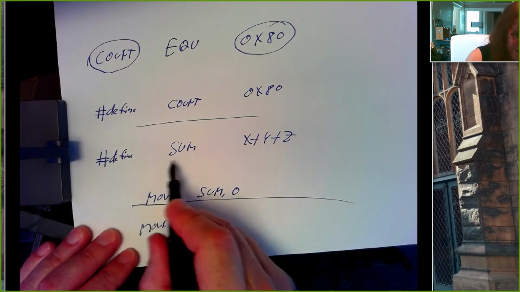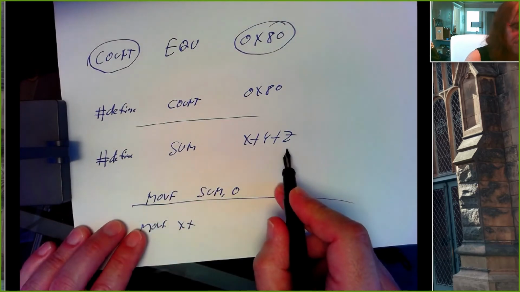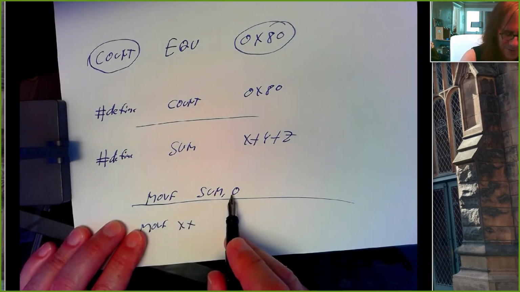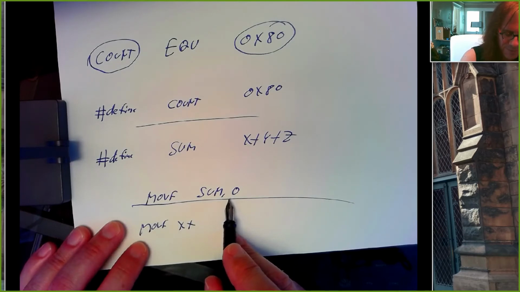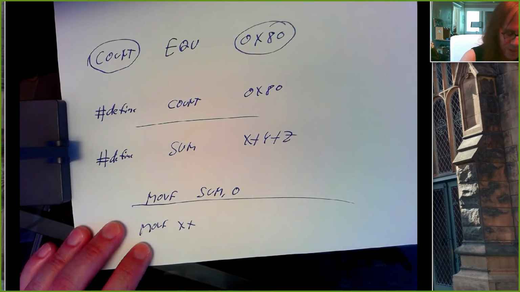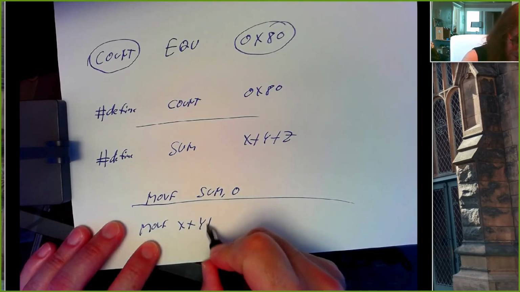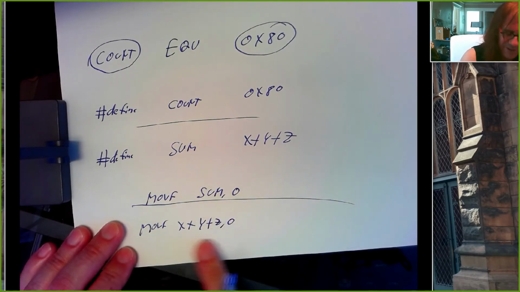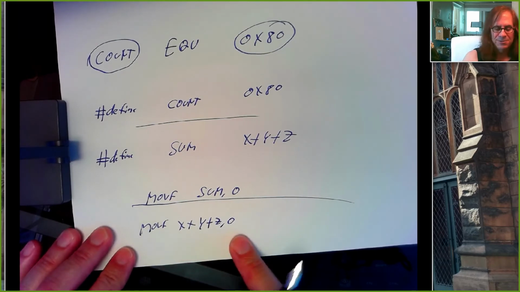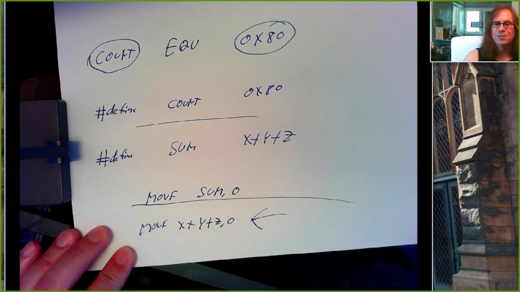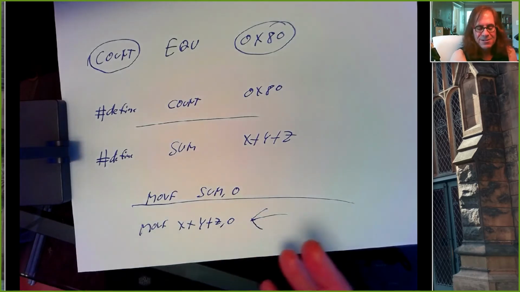So I could say define sum as x plus y plus z. And then if I say MOVF sum comma 0, this statement is going to get rewritten by MPLAB into the following: MOVF x plus y plus z comma 0. And that's going to give me a syntax error when it tries to assemble it, because that's not valid assembly language.